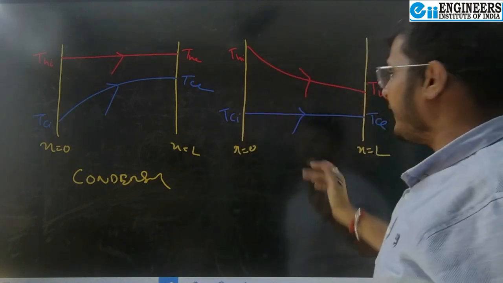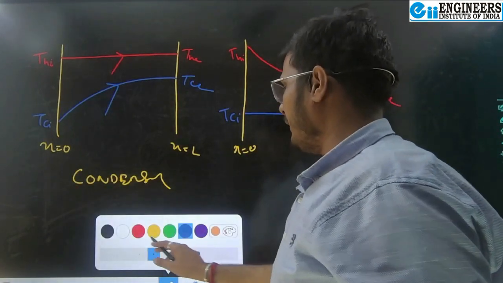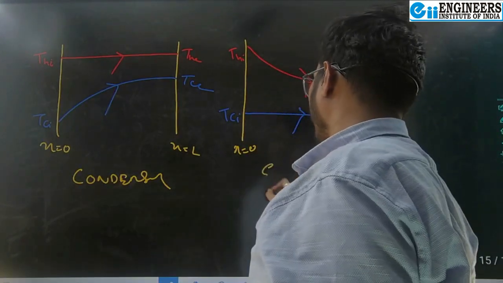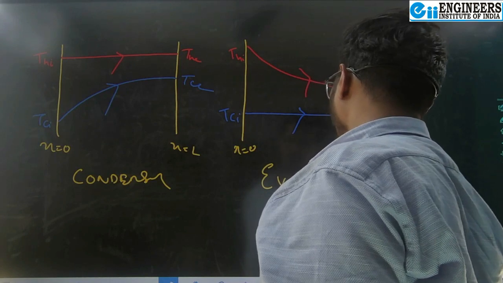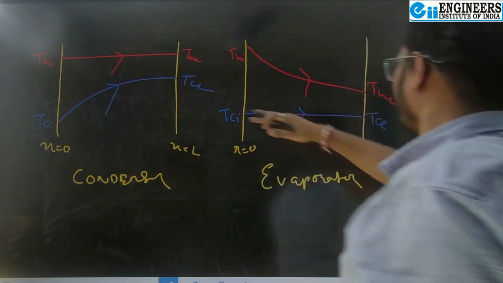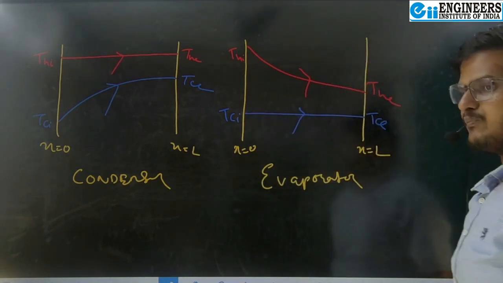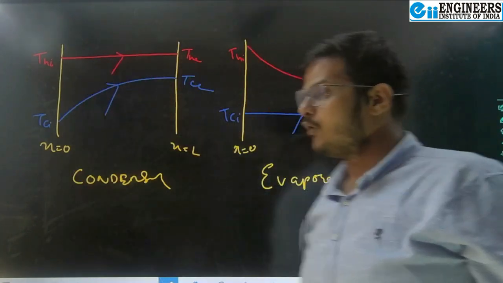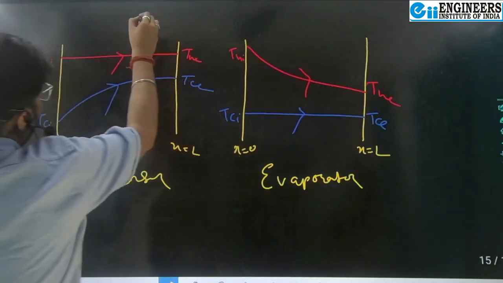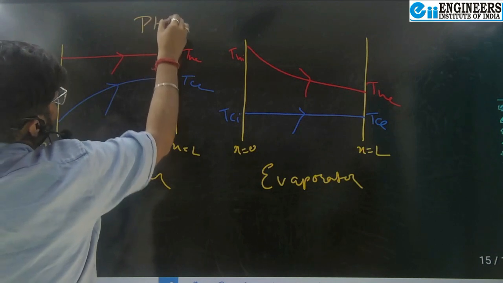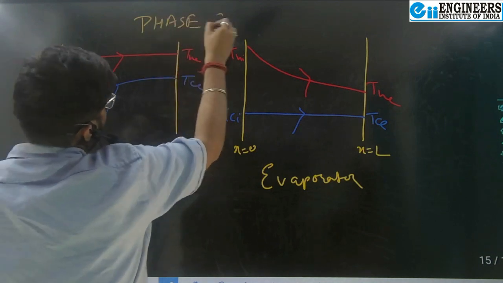This comes under the application we analyze in an evaporator. Here also phase change takes place at constant pressure and temperature, and these are the temperature profiles where the system undergoes phase change processes.